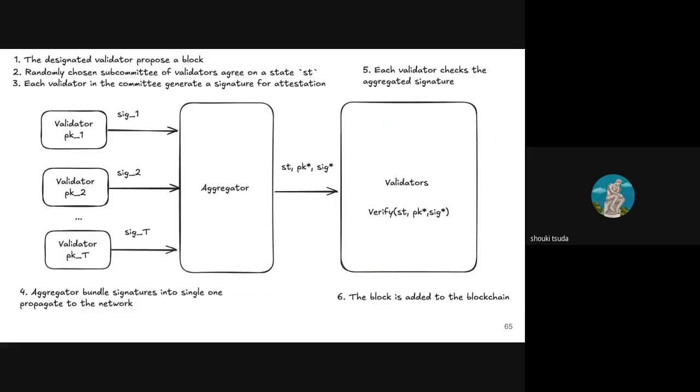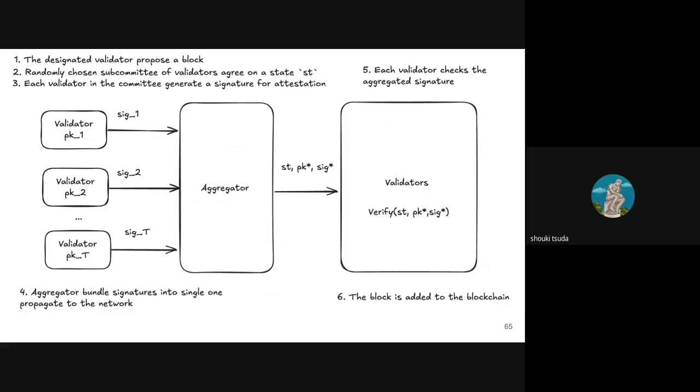So this is the current state of consensus, very sketchy. At first, a validator proposes a block, and chosen validators sign for the proposed block.